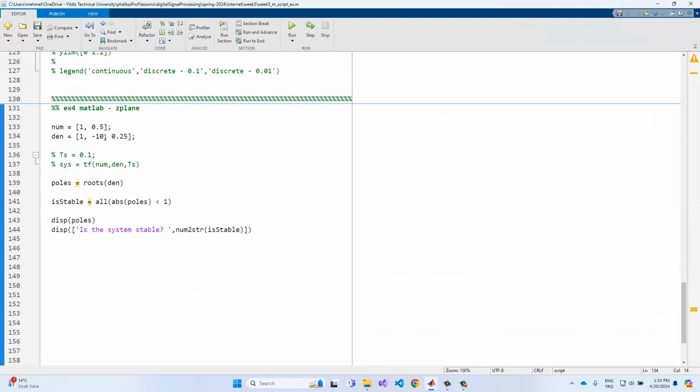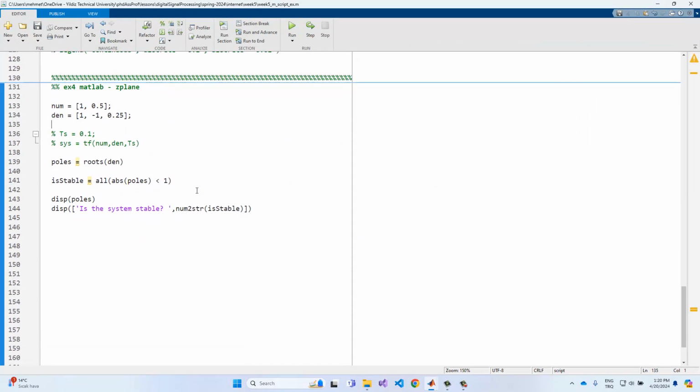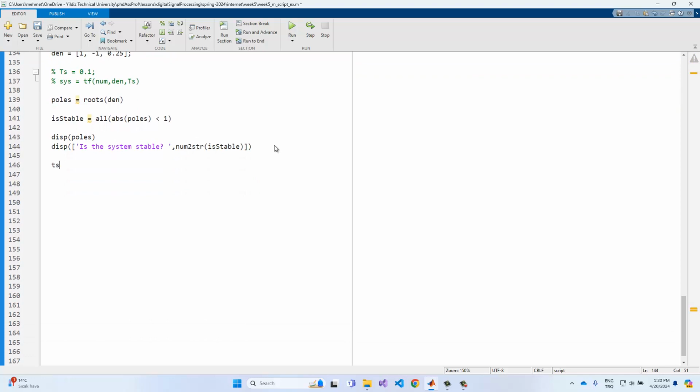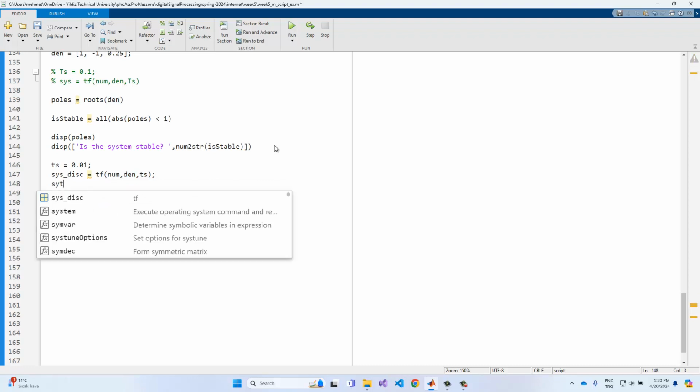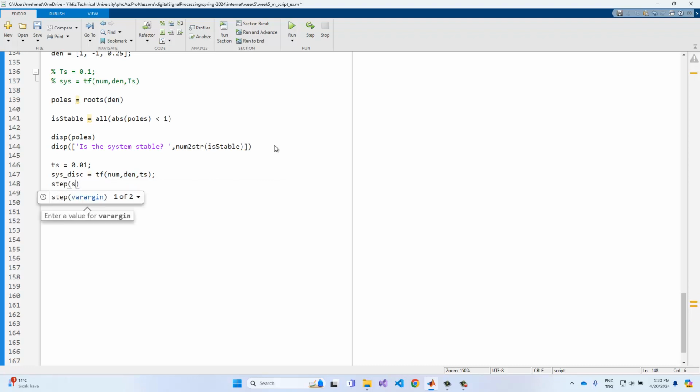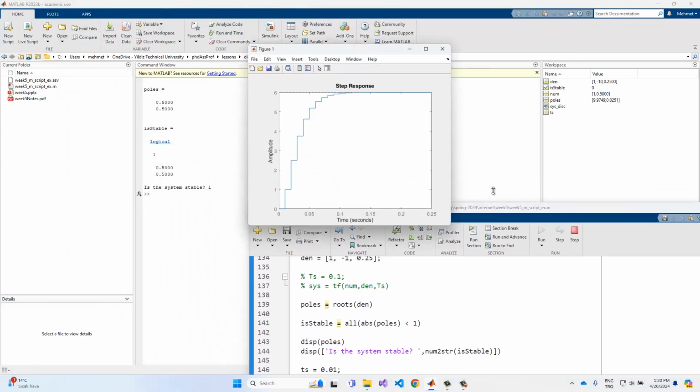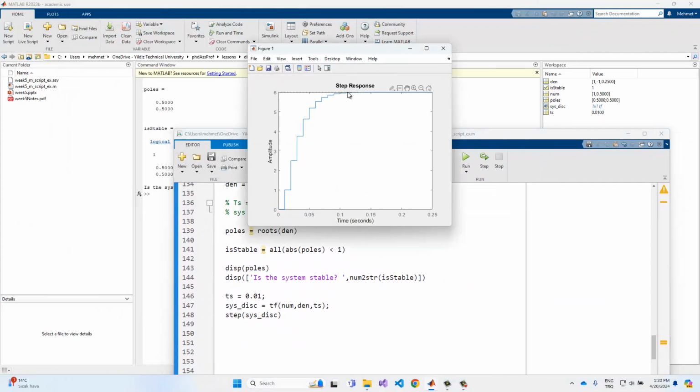Okay. And so how can we check the other terms in here? We can assign TS as 0.01, and sys_disc can be defined with the TF values in here: num, den, and TS. Okay, and so we can apply the step response in here to sys_disc, and if we run this code, we just see that the system is stable.